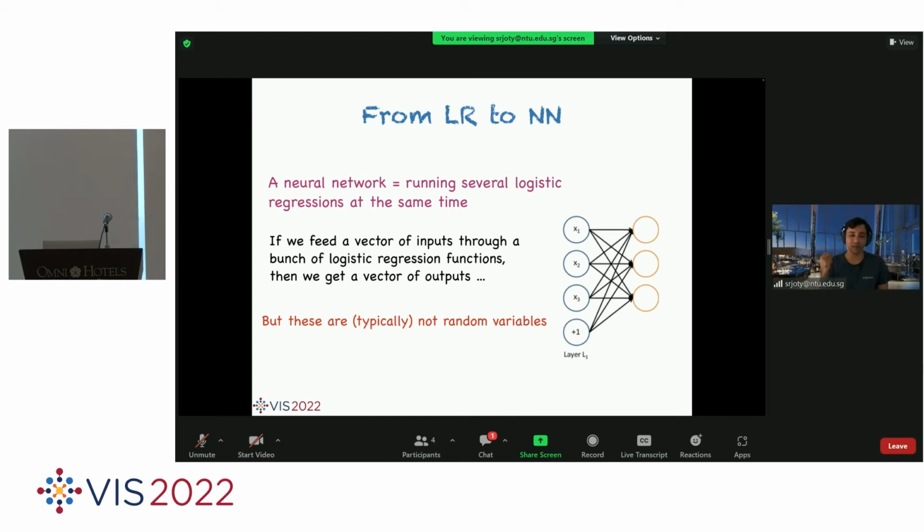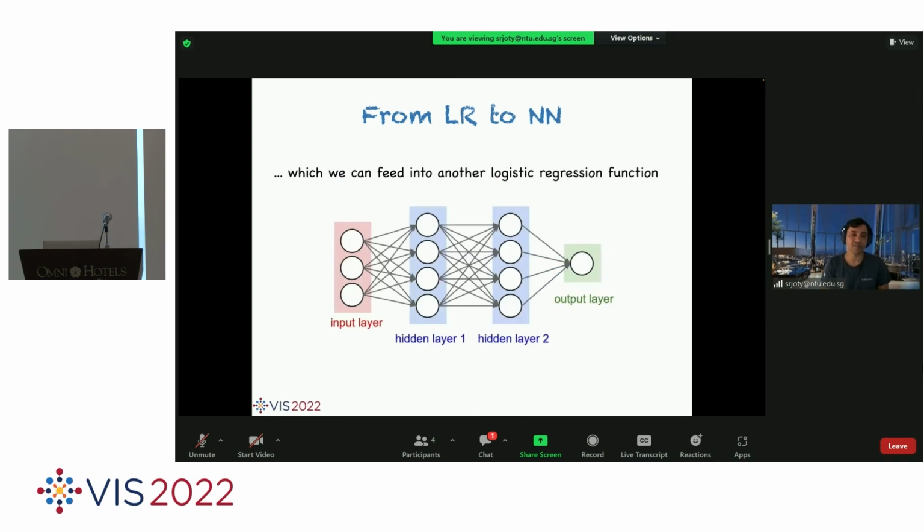So one distinction here is that these are not random variables. So there is a deterministic relation between the input and the output here. There is no randomness here, or they are not probabilistic variables, so to say. I mean, typically, but you could also apply variational methods to have a probability distribution over these latent variables. Okay, so basically we can do multiple times like that.